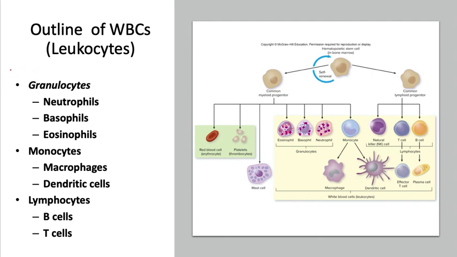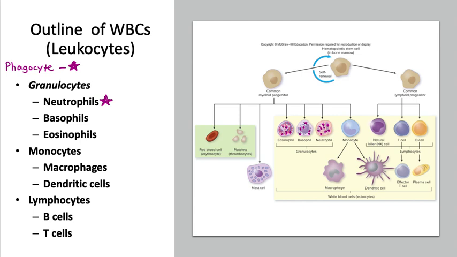Any type of white blood cell that is phagocytic, so a phagocyte is a white blood cell that does phagocytosis, we're going to give it a star. And so neutrophils are phagocytic.